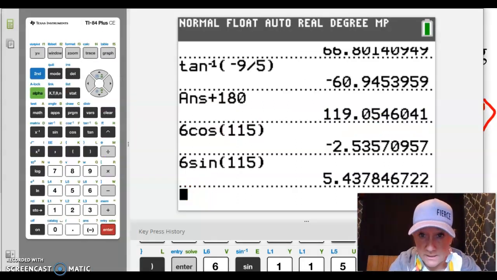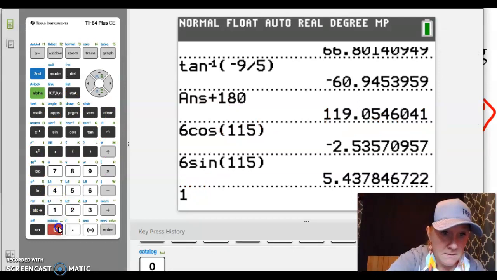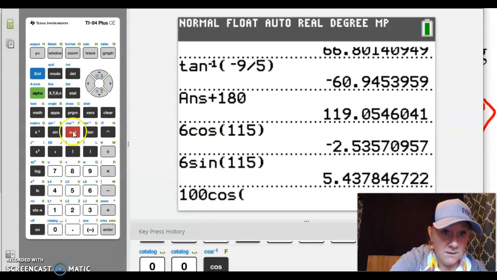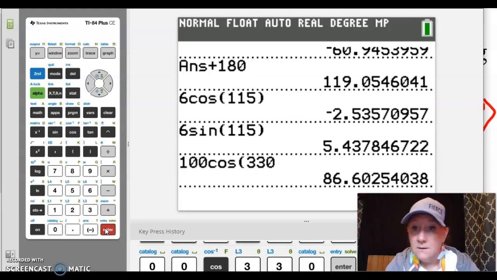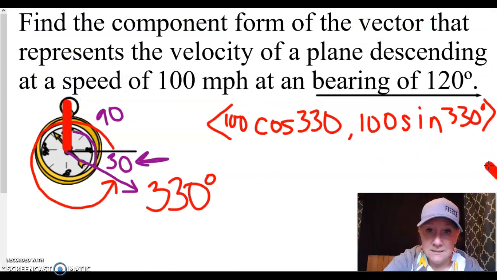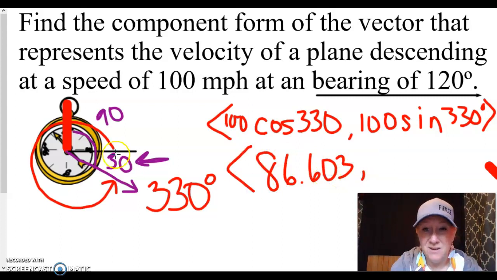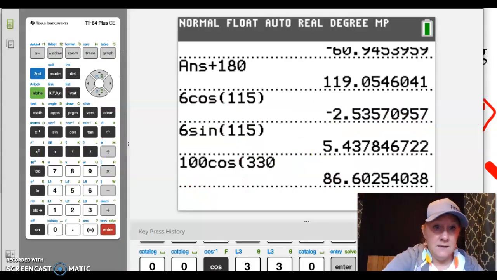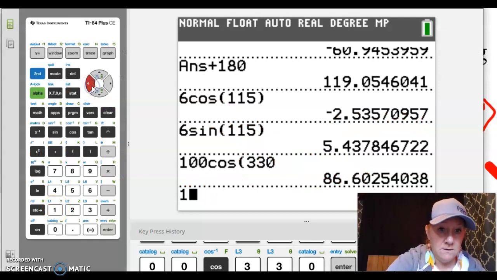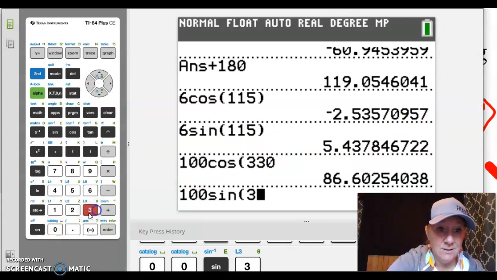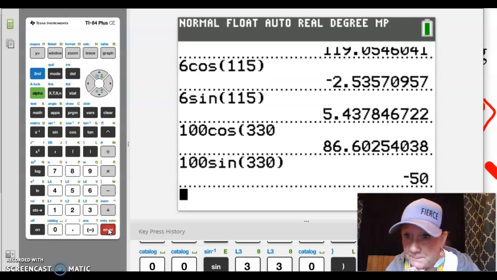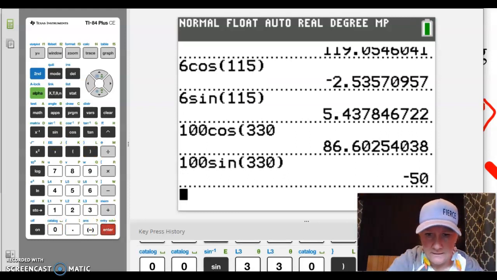So 100 cosine 330 is 86.603. And then I bet this one should be negative. Let's see, 100 sine 330 is negative 50. Oh, that's kind of nice.